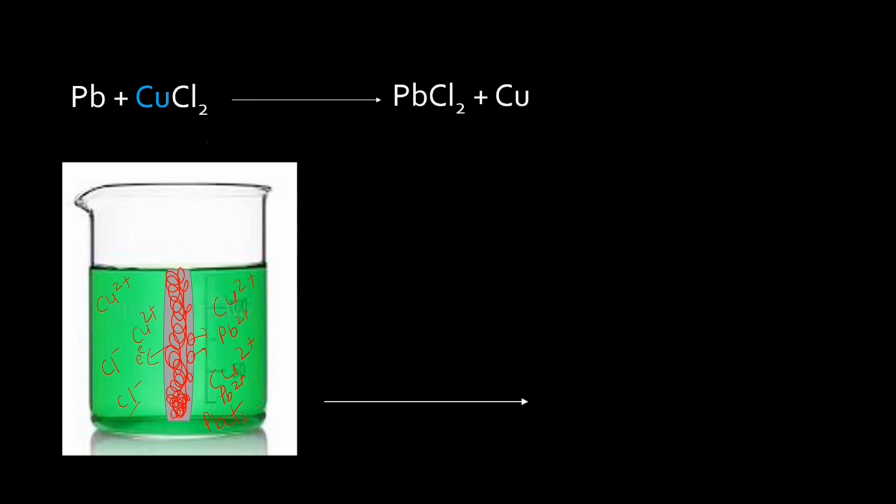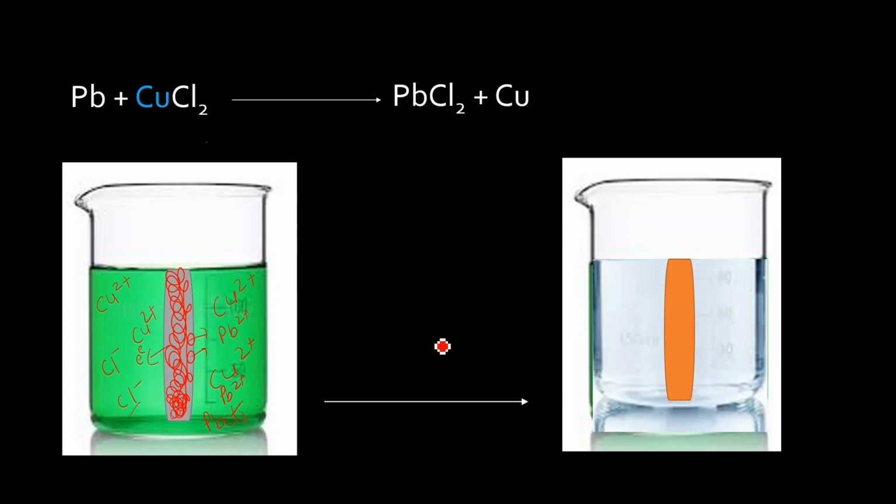Hence the green color of this solution will change into colorless, and the lead strip changes to brown color due to the formation of a red-brown copper layer on it. So we can say lead is more reactive than copper. Lead is placed above copper in the reactivity series. So lead will displace copper from the copper chloride solution, and we will get lead chloride solution and copper.